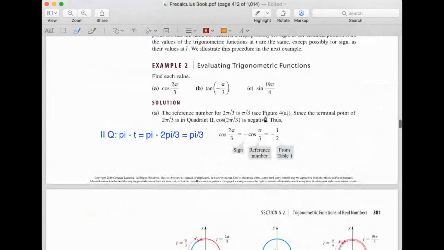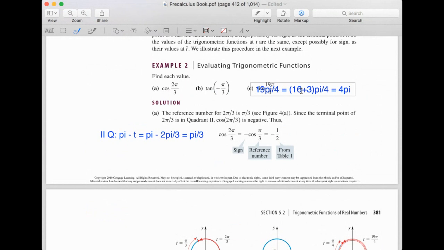Well, C, sine of 19 pi over 4. How can we figure out which quadrant 19 pi over 4 is in? Well, let's do this. We break 19 up into 16 plus 3, because we know 16 can be divided by 4. 16 divided by 4 is 4.